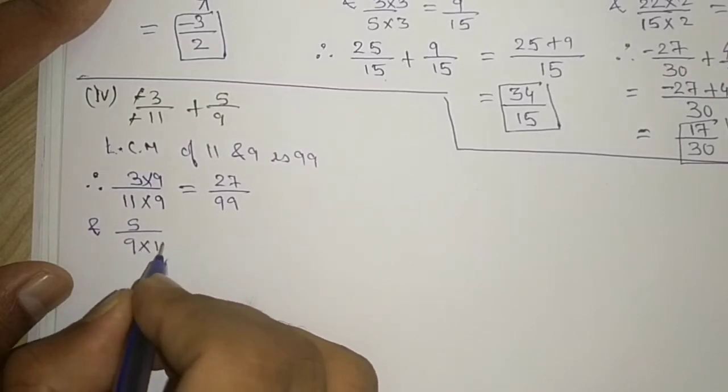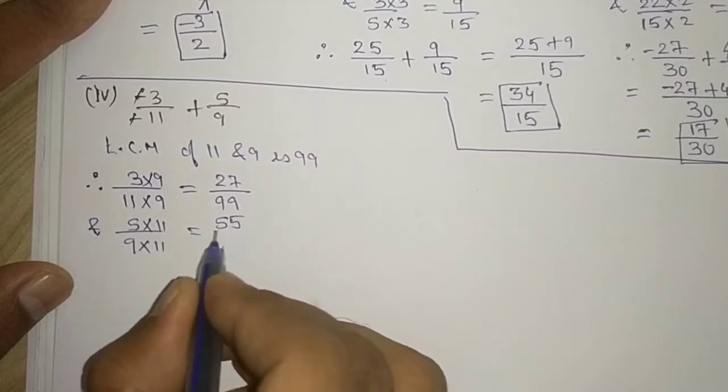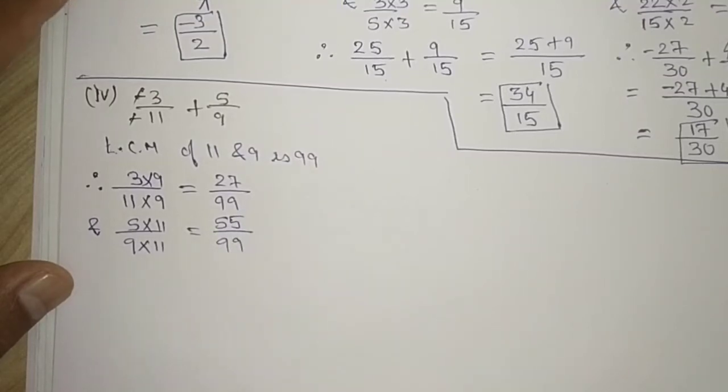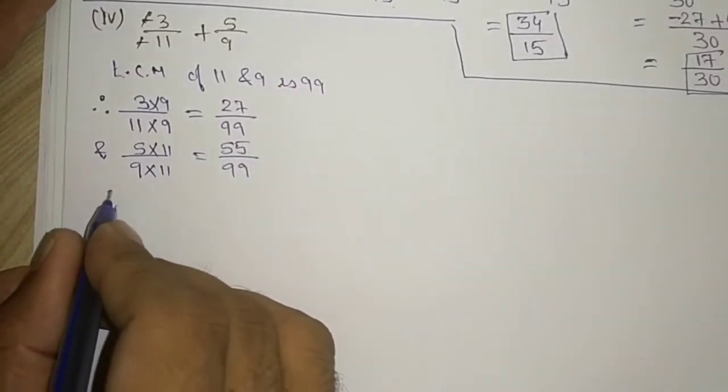To make it 99, I must multiply it by 11. So new number will be 55 divided by 99. Now we will add the two new numbers with the same denominator.